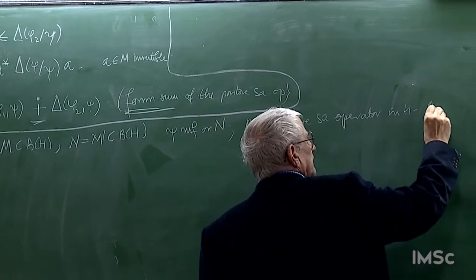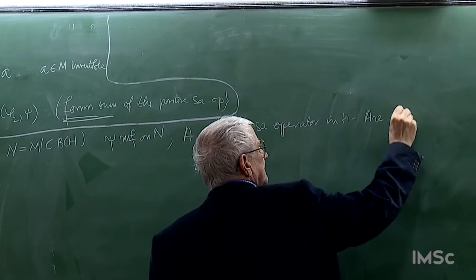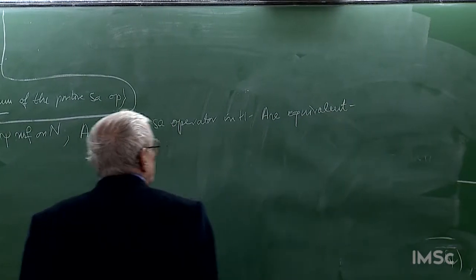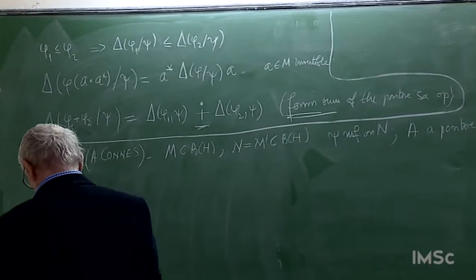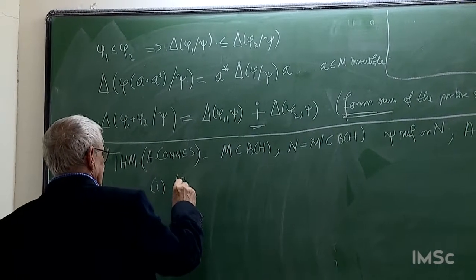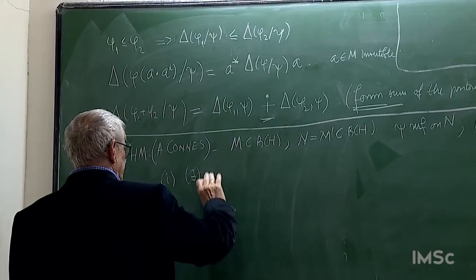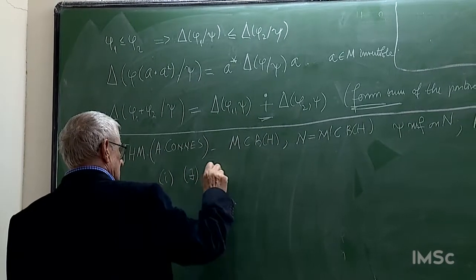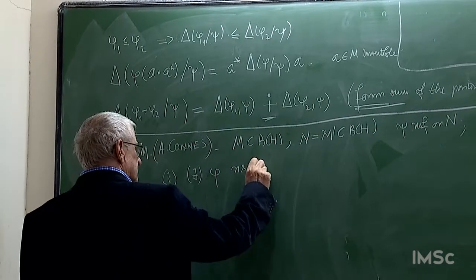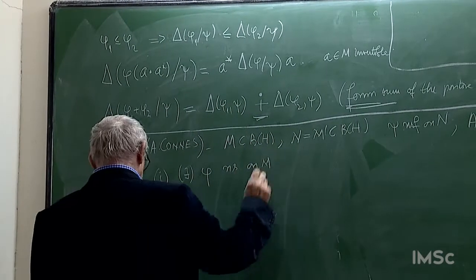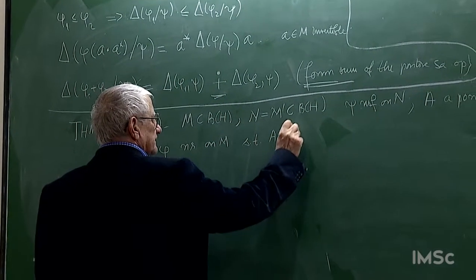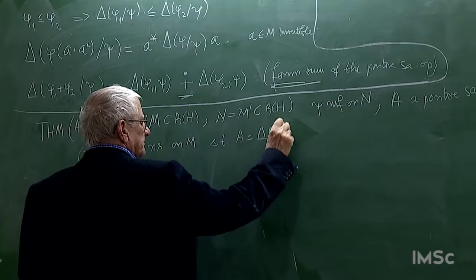Then the following things are equivalent. First, there exists phi, a normal semi-finite weight on M, such that A is delta phi psi.